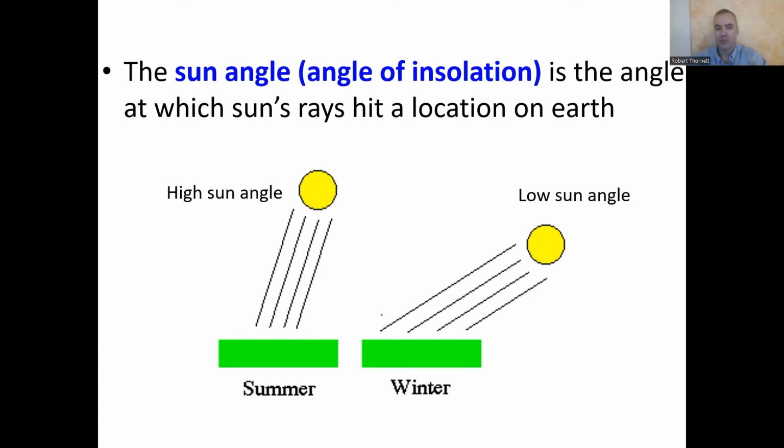So if you live in Virginia, it might be high in the sky in the summer, like you see in the picture, a high sun angle. It's not going to be directly over your head because that only happens in the tropics, but it'll be pretty high in the summer. Whereas if you look in the winter, it's not going to be very high. It's going to be a lower sun angle.